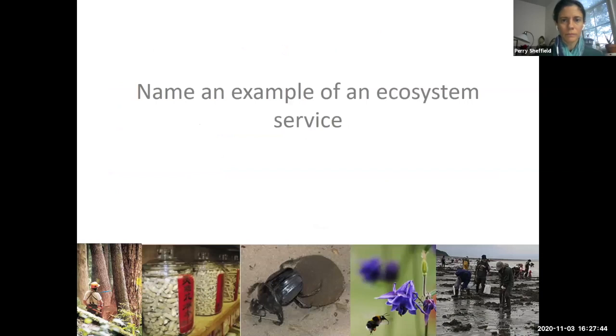Okay, so as I was talking, did any examples come to mind, or can you suss apart what's down at the bottom of the picture here in any way to give an example of an ecosystem service? And I don't mean the technical term like provisioning, regulating. I mean like a very specific one.